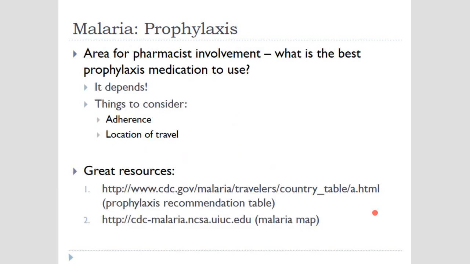Now, when we talk about prophylaxis, that's your role as a pharmacist. If they ask you what the best prophylaxis medicine to use is, you have to say it depends. You have to find out how they're going to stick to compliance.